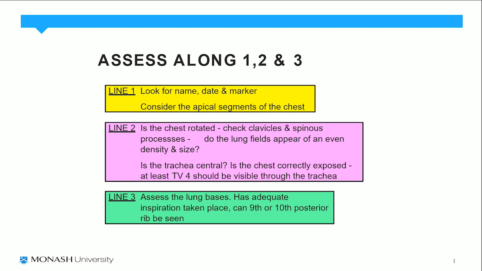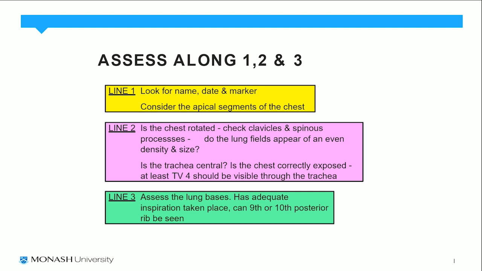For line 1, look for the name, date and marker, and consider the apical segments of the chest. Line 2, check down the middle to see whether there are any signs of rotation and whether the lung fields are even in density and size. Is the trachea central? Is the chest correctly exposed? You should see at least four thoracic vertebrae through the trachea.